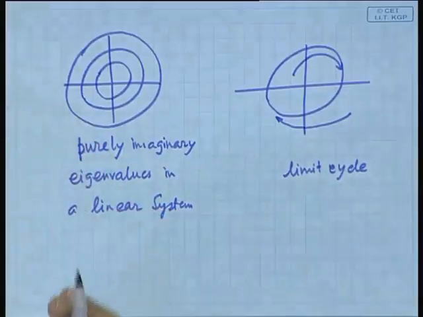And in nature also, wherever there is a necessity of a cyclic motion that needs to be stable, you have limit cycles. A very common example is the human heart. A human heart's pounding is obviously an oscillatory motion, and that oscillatory motion obviously needs to be stable. Imagine that your heart goes by this principle, what will happen? Suppose your heart is a linear system with purely imaginary eigenvalues.